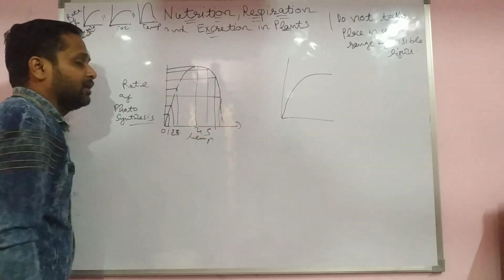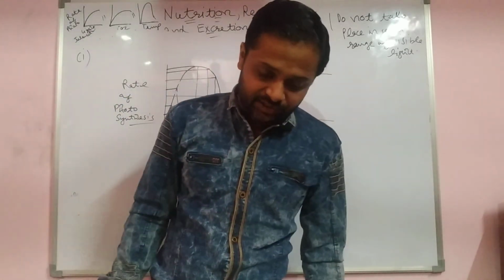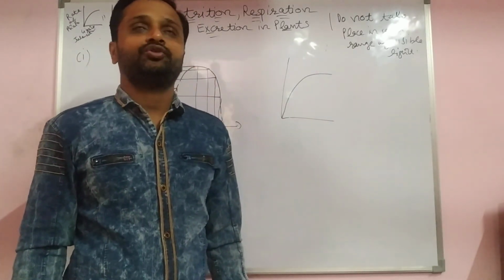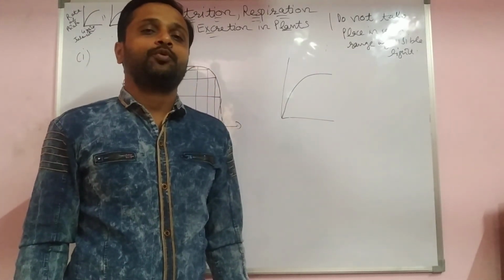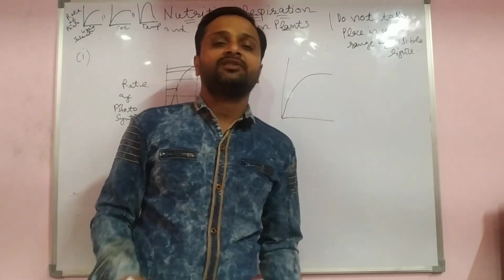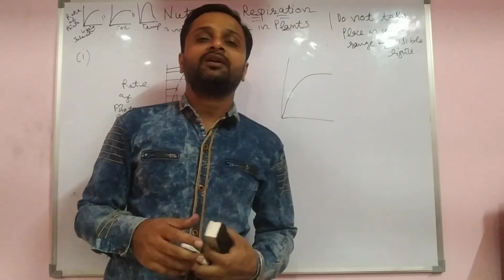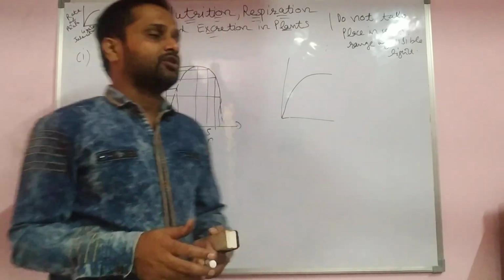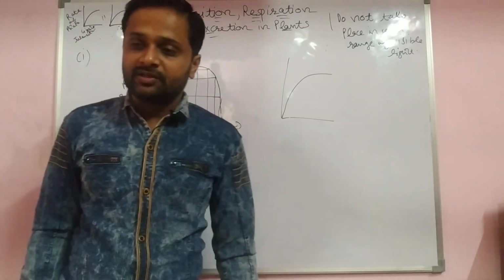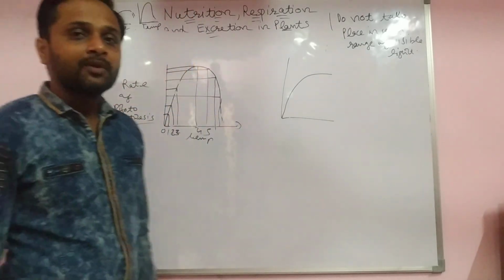What does it mean? If a high temperature is there, students, the stomata are always closed. Keep in mind, closed. To protect the plant from the outer temperature, they are closed. The rate of photosynthesis starts decreasing. This is a very easy graph, students. In the next lecture, we will discuss some activities, students. Thank you.